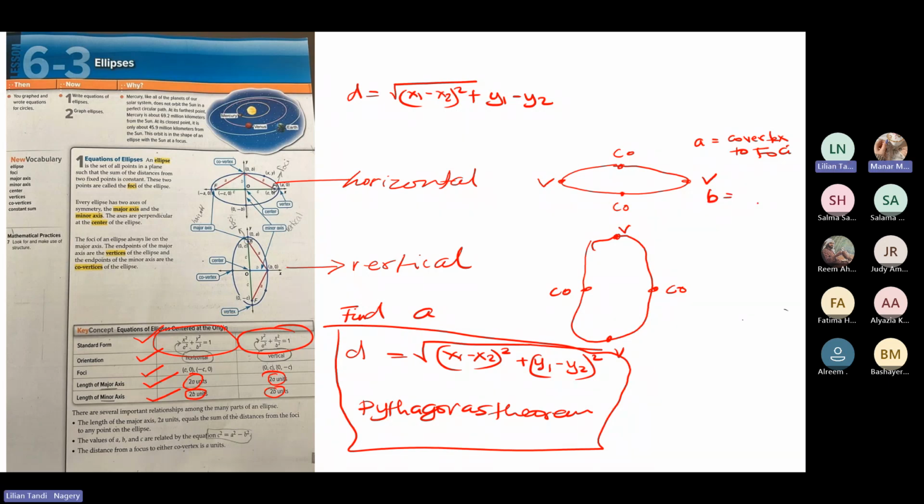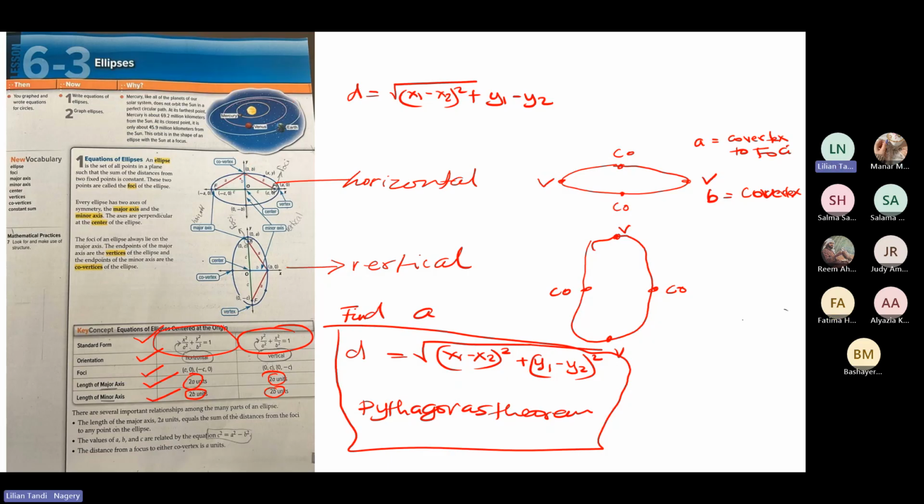B is just the co-vertex, not from the co-vertex to the center. See? Here is B.